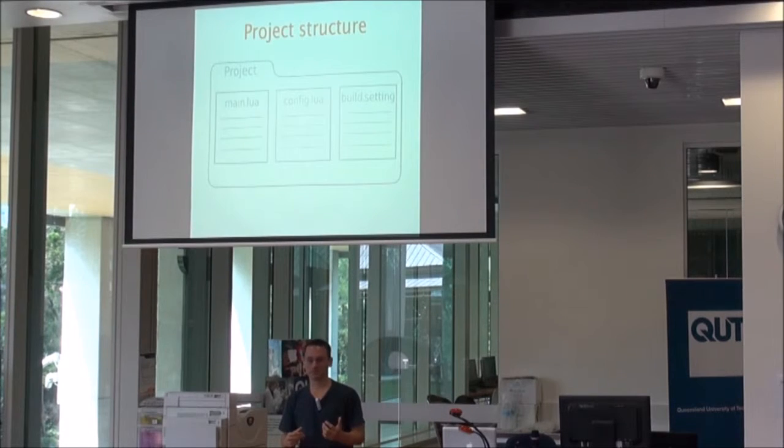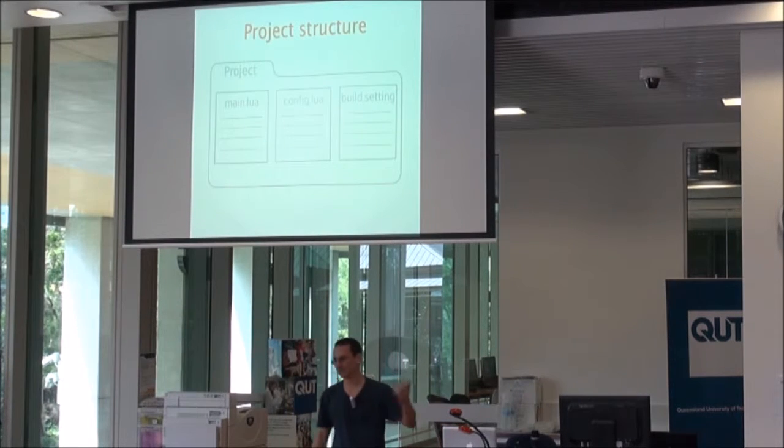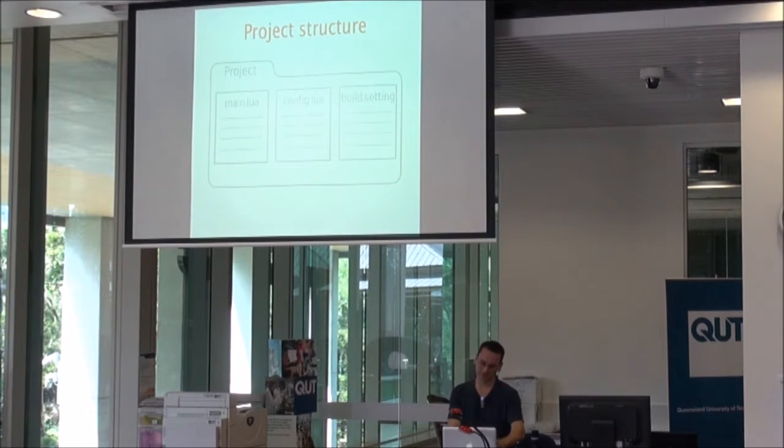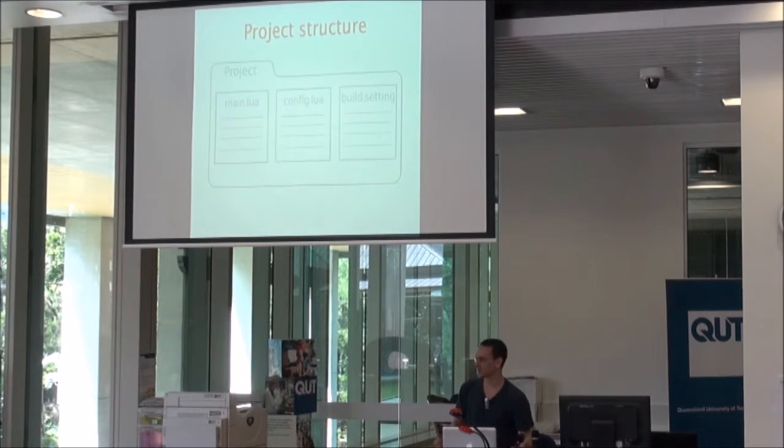At first it was just the simulator, and then you have this project here, and you didn't know where to go. But it's very simple. The simulator will run the main file, which is the starting point, and will use the configuration, settings and build settings files to configure the environment.